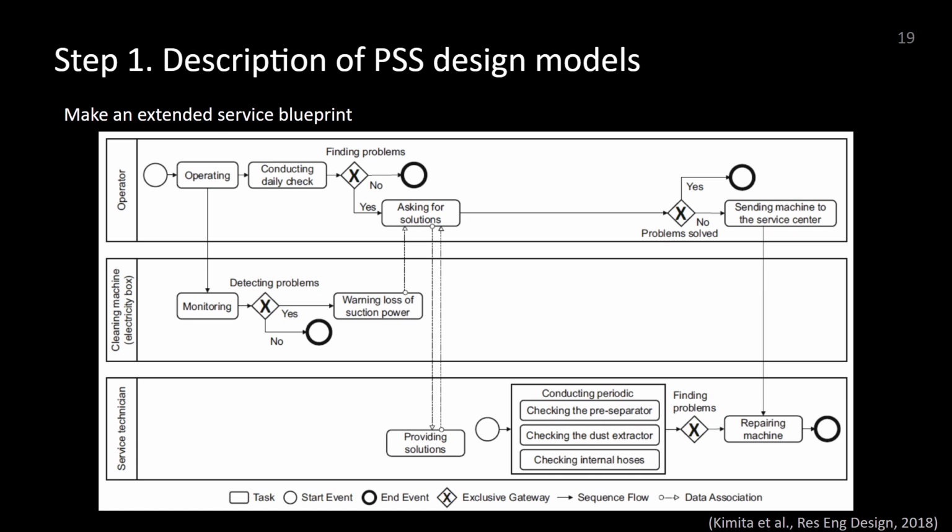Those items are taken from the previous slide, okay? So in the previous slide, you described physical product components and also service actors, and then you use that in this service blueprint type of description and describe the activities for each of the taken items.